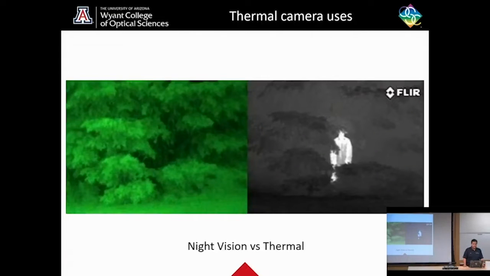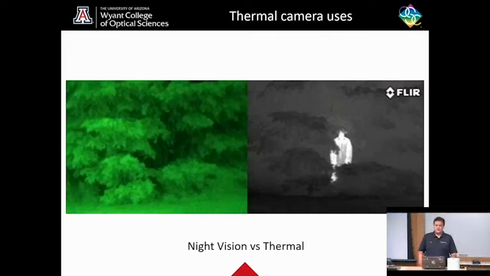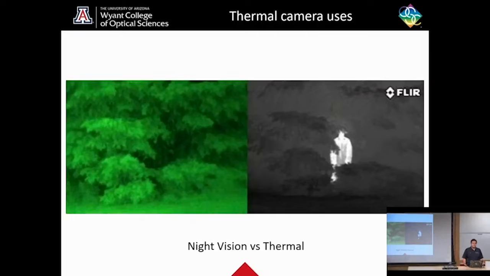Another use is in sort of like a night vision versus thermal vision situation. Night vision allows you to basically see in the dark. You can pick up edges, foliage, but you can't see through things necessarily.